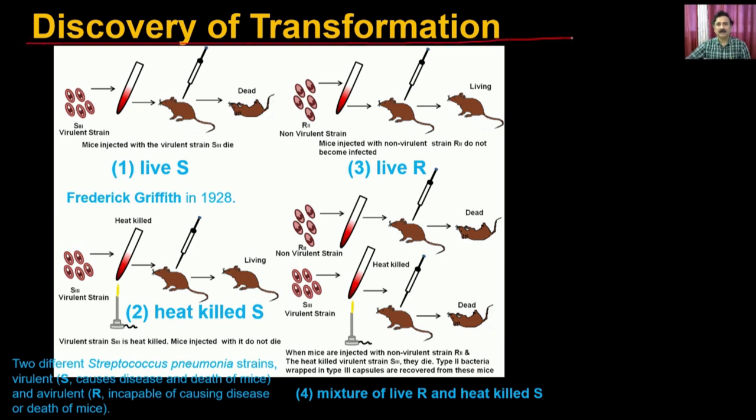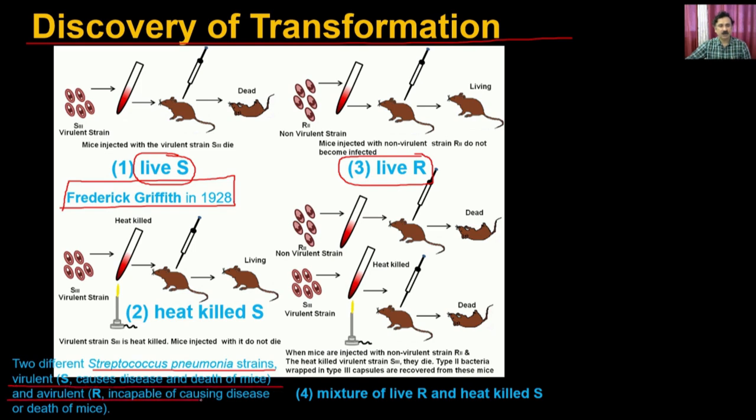There is a classical experiment. I think you might have seen this experiment before also, which was performed by Frederick Griffith in the year 1928, and that's how he discovered the concept of transformation. He took two different types of strains, the virulent strain and the avirulent strain. He took Streptococcus pneumoniae strains: the virulent strain, the S strain, and the avirulent strain, the R strain.